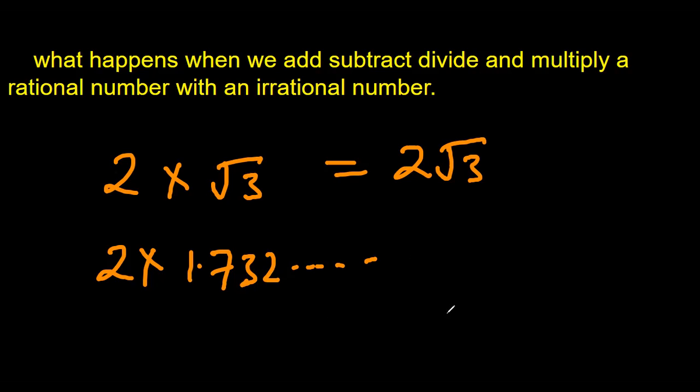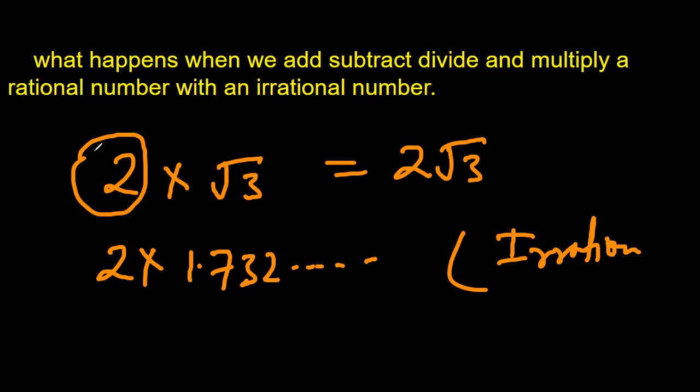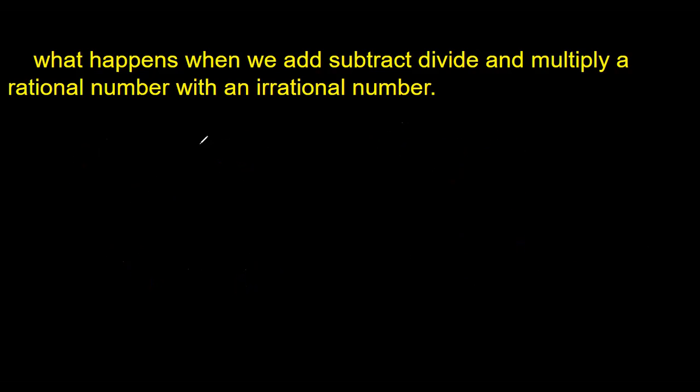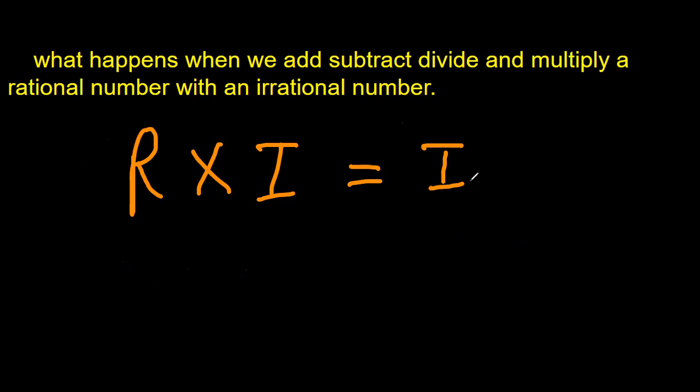There will be some number like that. So this number would be irrational. So a rational number multiplied with an irrational number will give you an irrational number.